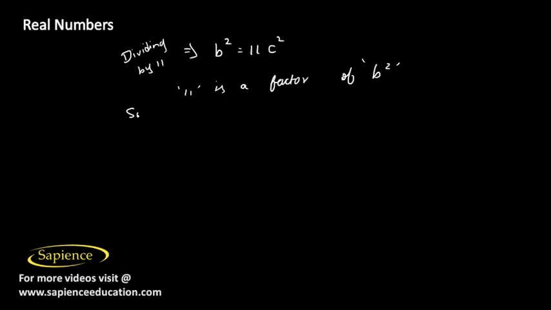Now dividing by 11 on both sides, we will get b square is equal to 11 c square. So again 11 is a factor of b square. So according to the fundamental theorem of arithmetic, 11 is also a factor of b.